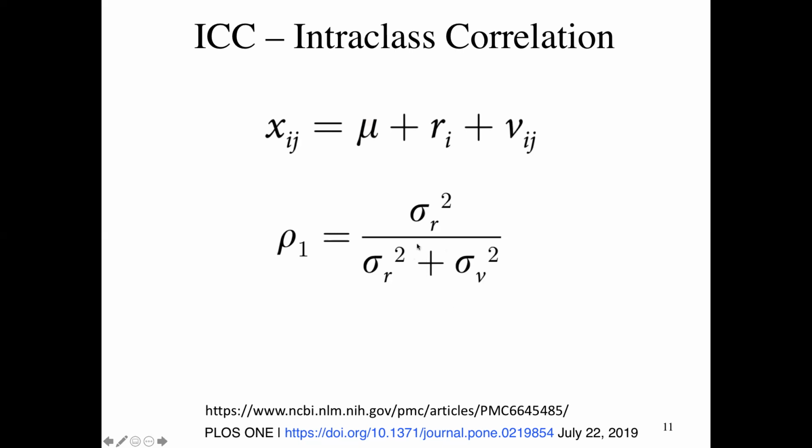So let's say these two are equal. Then it's going to be 0.5. And that's not a great number. That tells you this noise is pretty high compared to the dynamic range of the numbers that you want to measure. And so that's the simplest model for the interclass correlation. Does everybody get this part?